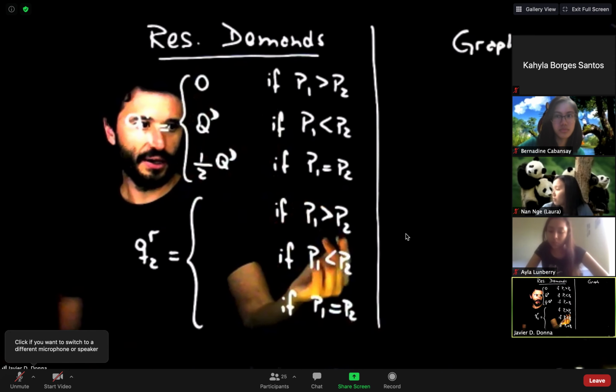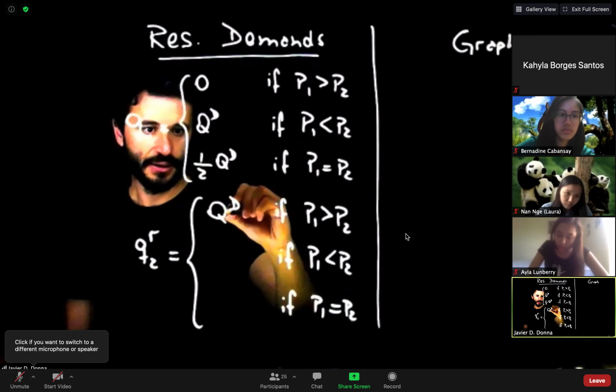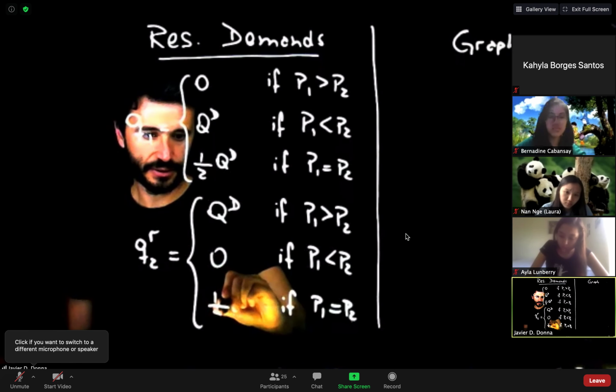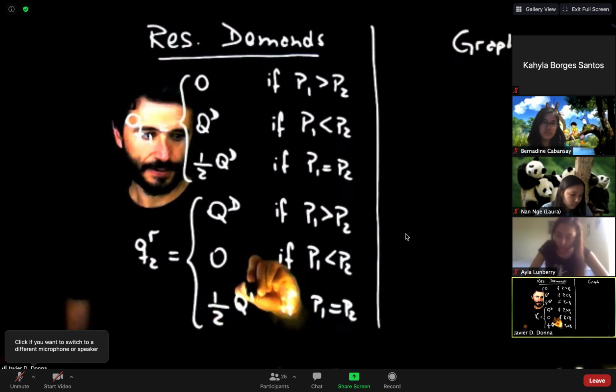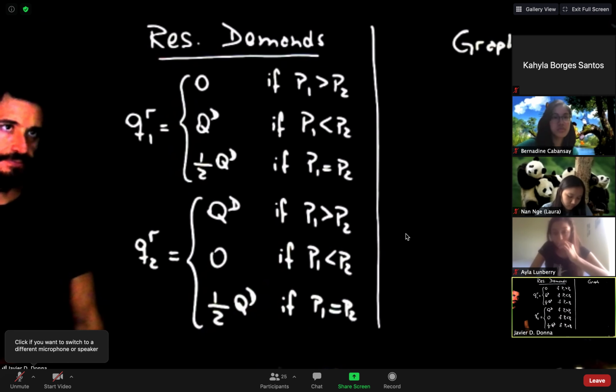If firm 2 is charging the lower price, it gets the whole market demand. Charging the highest price, it gets 0, and if not, half.